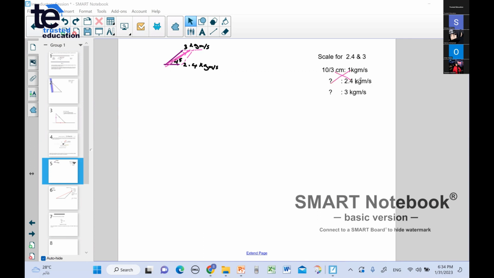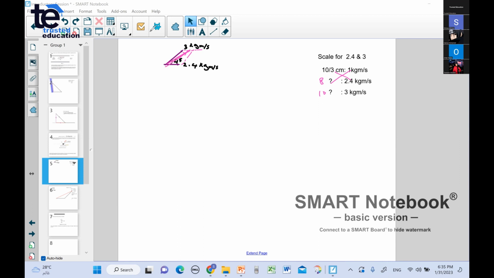I do the cross product: 2.4 times 10 divided by 3 gives you 8. And this, of course, will give you 10. Now, the two lengths are very reasonable, so I will, inshallah, not get a wrong answer.